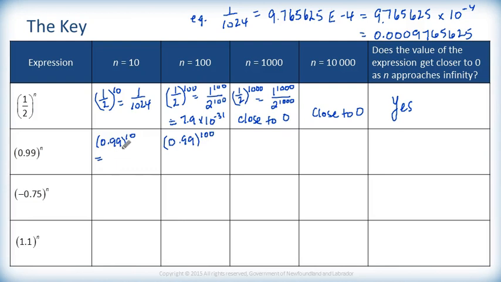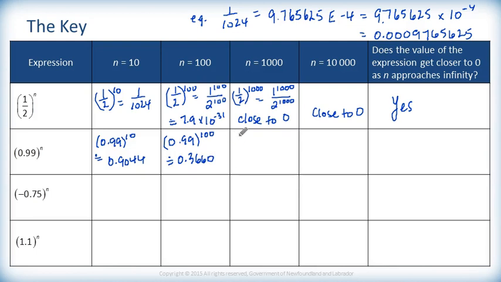For the next one, for decimal 99 exponent 10, I get approximately decimal 904. Decimal 99 exponent 100 is approximately decimal 3660.